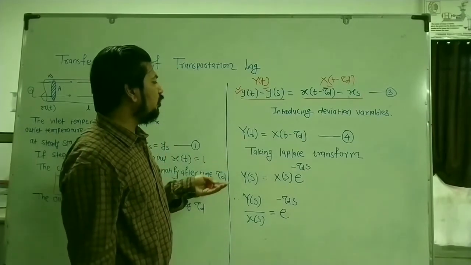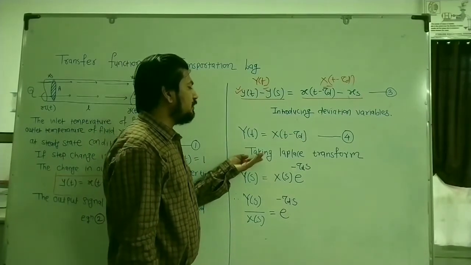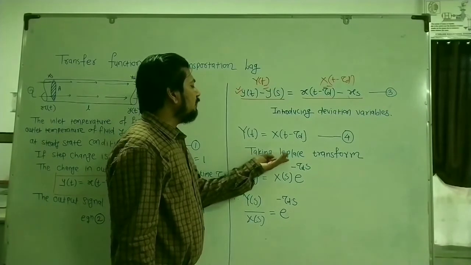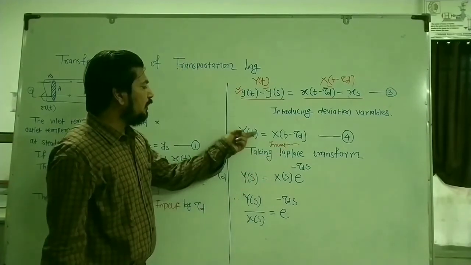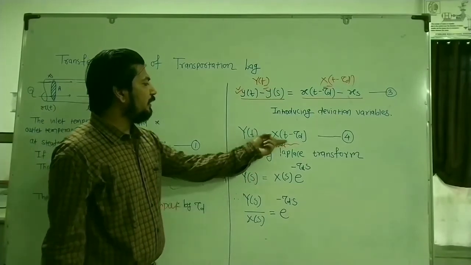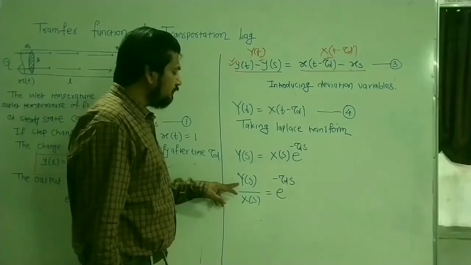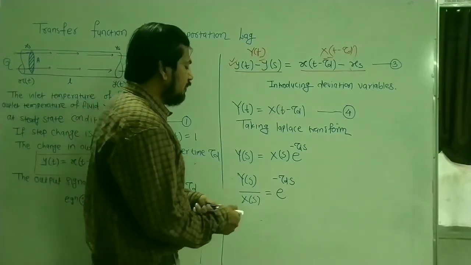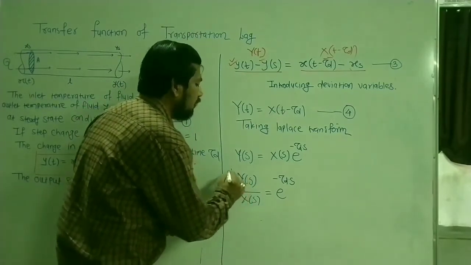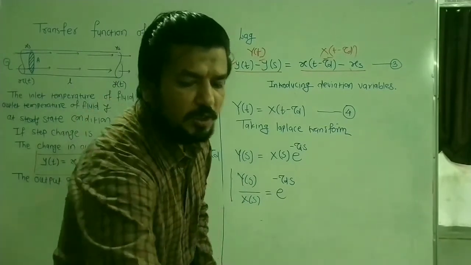What remains now is only to take the Laplace transform. So taking the Laplace transform, you get capital Y of s divided by capital X of s, the ratio of the Laplace transform of the output deviation variable to that of the input deviation variable, equal to e to the power minus tau d s.